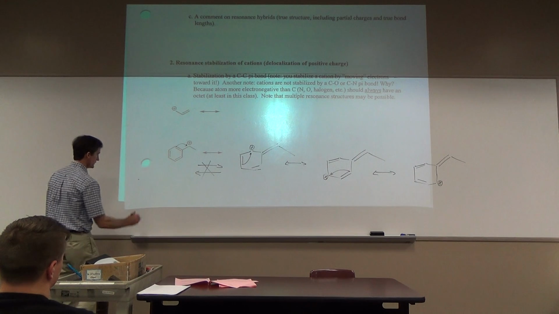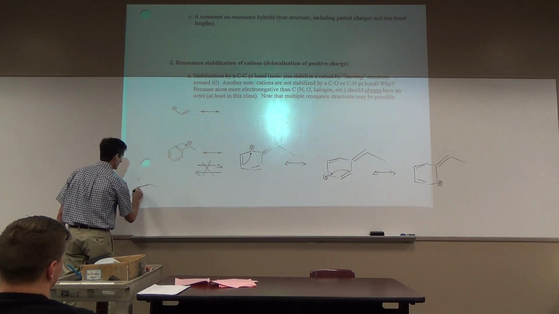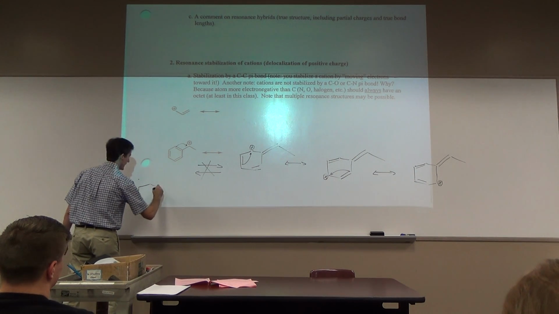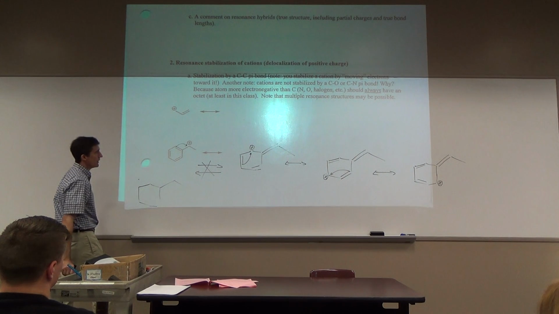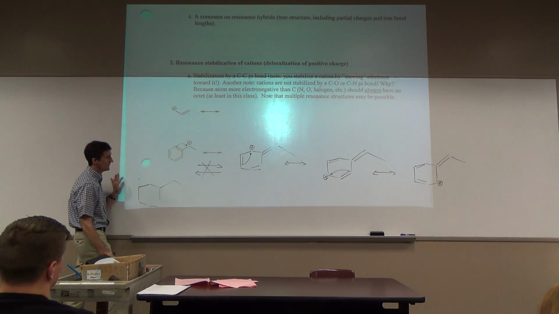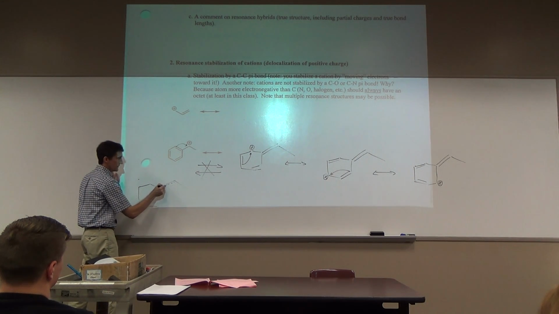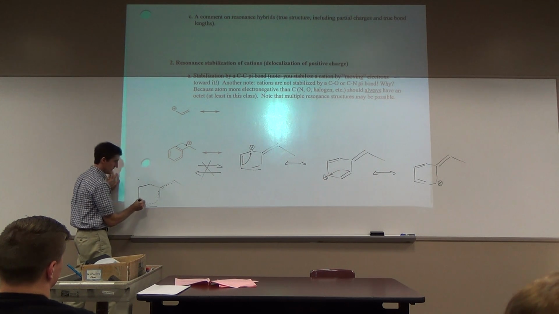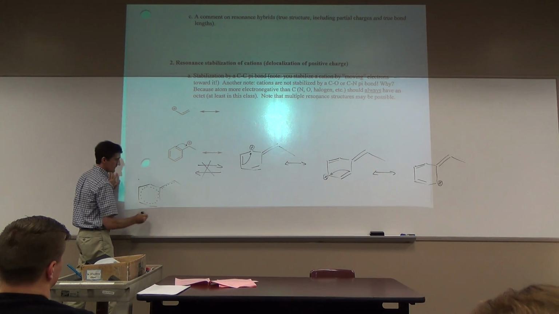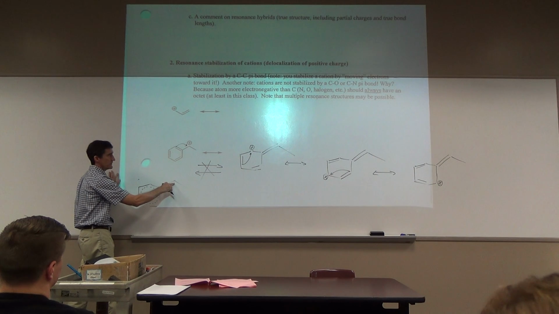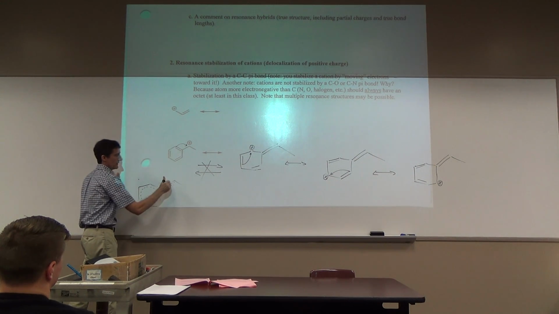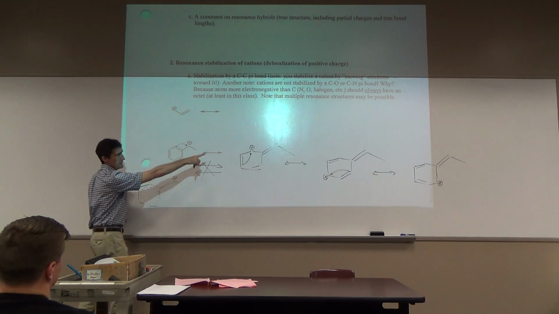Okay, what does the true structure look like? What does the resonance hybrid look like? That's what we're asking here. So ring with dashes all throughout the ring. And also here. What type of charge is on this carbon? Full plus? Partial positive. You see?